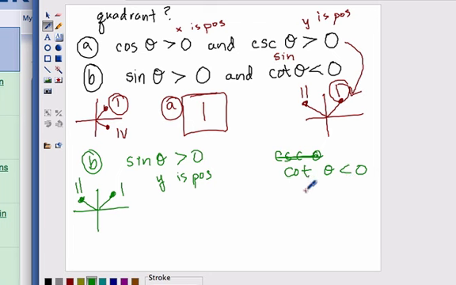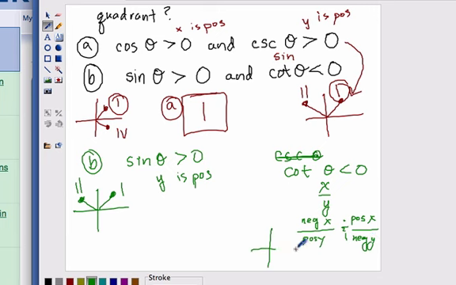So cotangent is the reciprocal of tangent. And so that's basically cotangent is x over y, right? So if it's negative, then we have one negative and one positive. Okay, so you want to consider a negative x over a positive y, and we want to consider a positive x over a negative y.